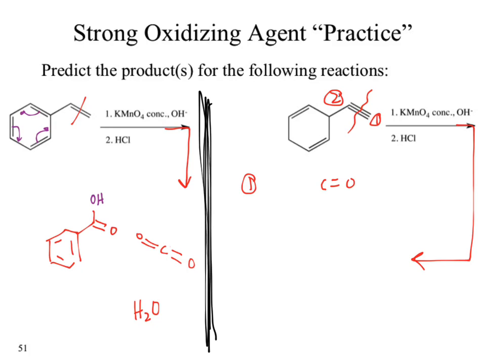We need 3 bonds. There's the implied hydrogen. It's going to do the exact same thing, and yes, piece 1 is CO2. Nice. What happened in piece 2?